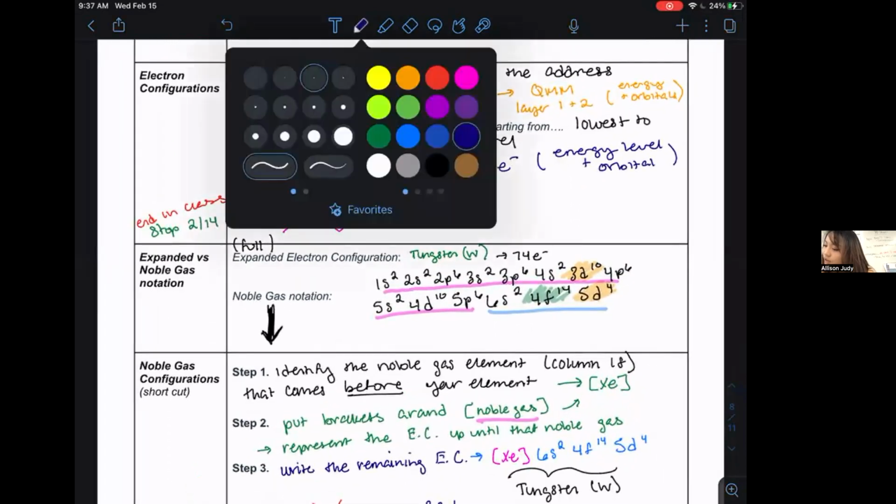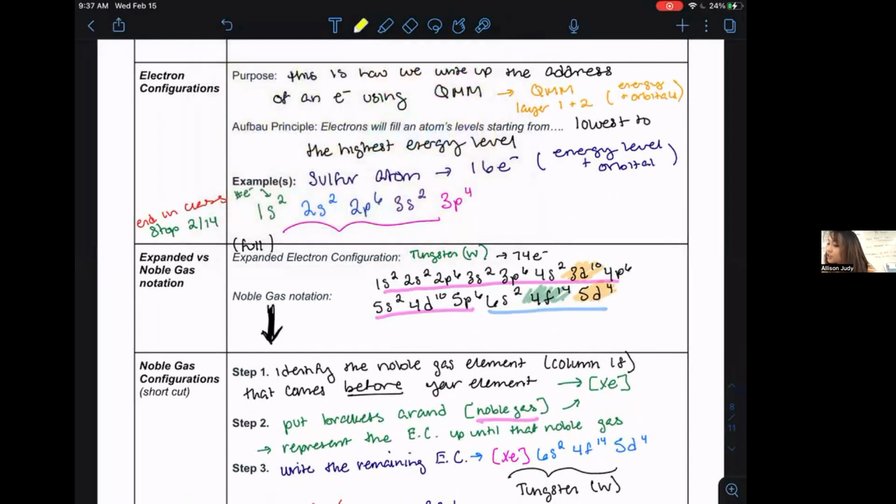For sulfur, our valence electrons are any electrons in row 3, the highest energy level. So we would say we have 6 valence electrons in row n equals 3. That's easy to spot.